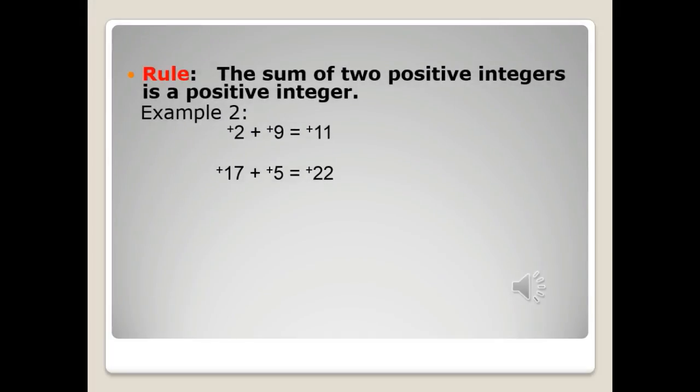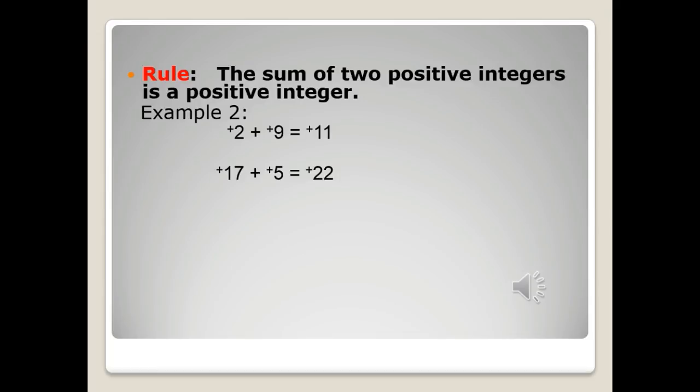Since we already know what an integer is, we can now proceed to our main topic, which is adding integers. In adding integers, there are two rules. First, the sum of two positive integers is always a positive integer. Example: positive 2 plus positive 9 is equal to positive 11.